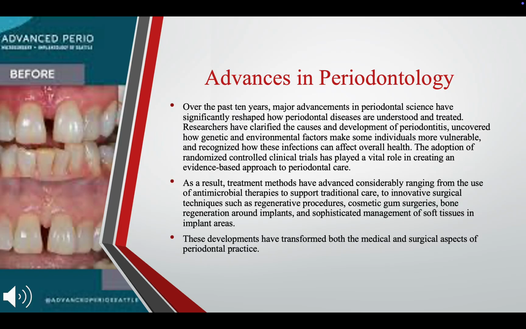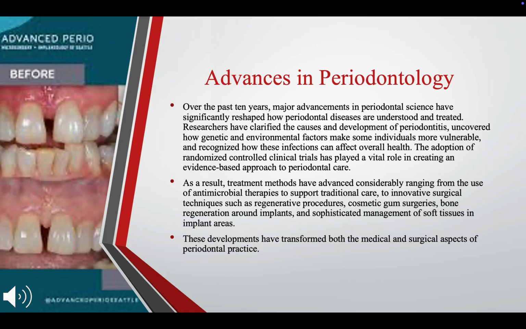Advances in periodontology. Over the last 10 years, periodontal science has made significant strides. We have a deeper understanding of what causes periodontitis, how genetics and lifestyle can increase risk, and how gum diseases can affect overall health, not just the mouth. Treatment has also advanced.